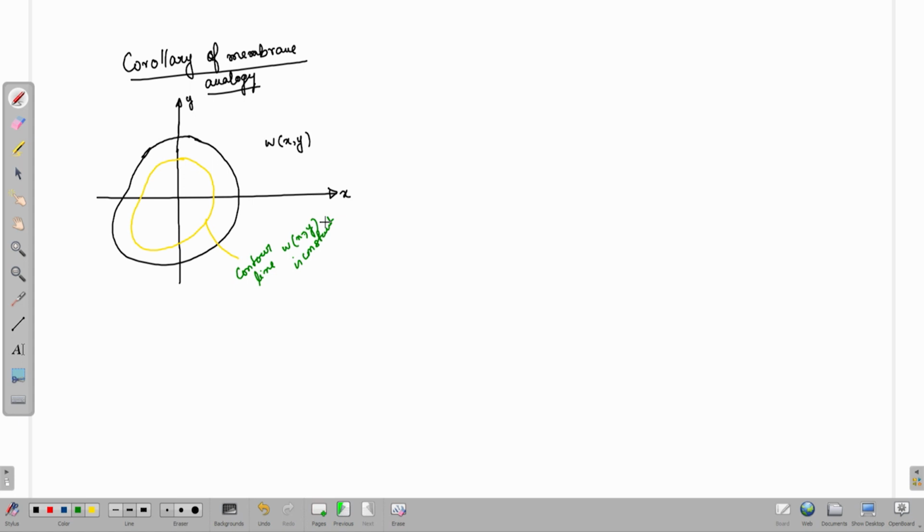First let me tell you that at any point on the contour lines of the membrane, the shear stress has a 0 resultant in the normal direction, and the entire resultant of the shear stress at the point is in the tangential direction.